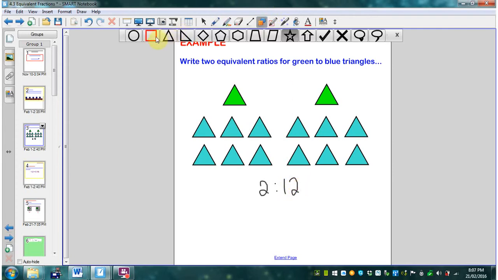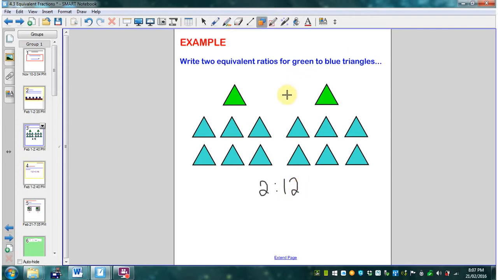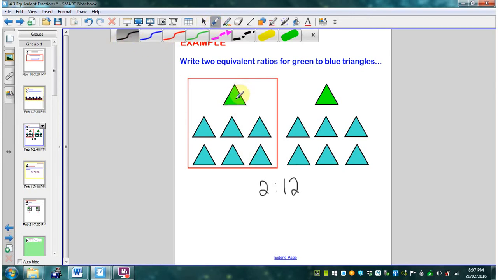Another equivalent ratio is that I could just look at half of this, and this ratio here represents still the same green to blue, but it's just written a little differently. Here we have 1 green block to 6 blue blocks, and they're equivalent, so we can write that as equal.